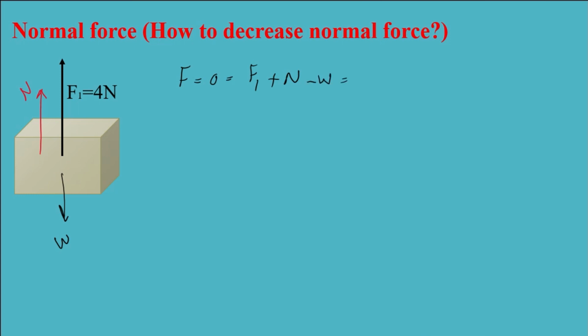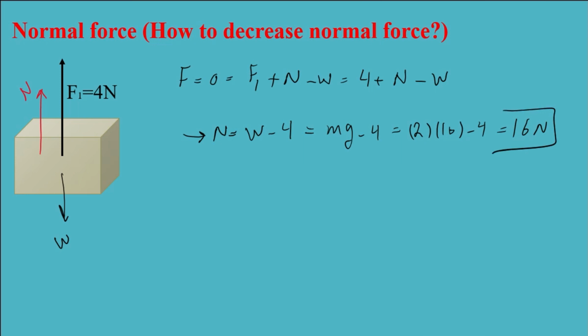My F1 here is 4. I don't know my N, that's positive. And W. Let's calculate the N. So N is going to be W minus 4. My W is mg minus 4. This is going to be 2 times 10 minus 4, and it's going to be 16 newtons, right?